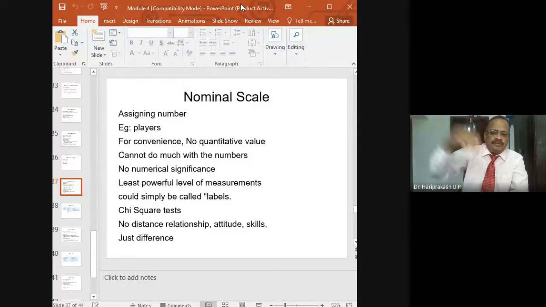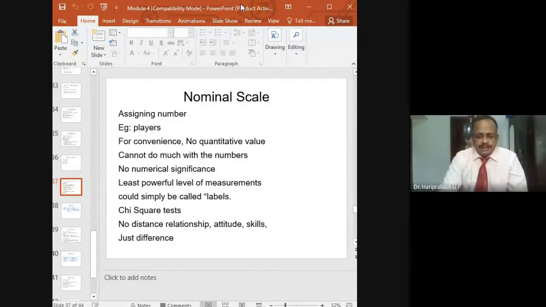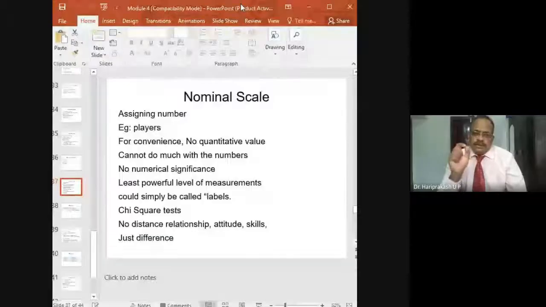It is just for identification, for convenience. That number does not have any numerical significance. It is the least powerful level of measurement. But it is necessary. It is just a label.